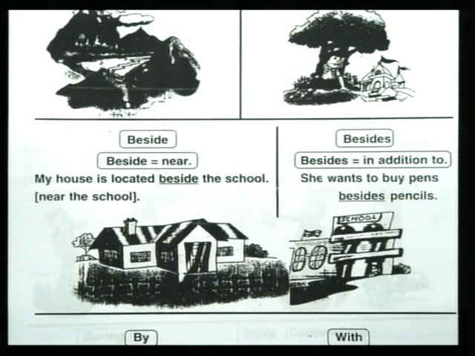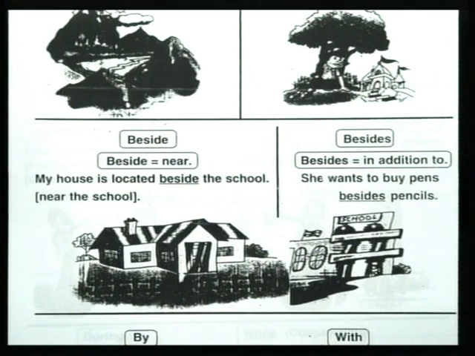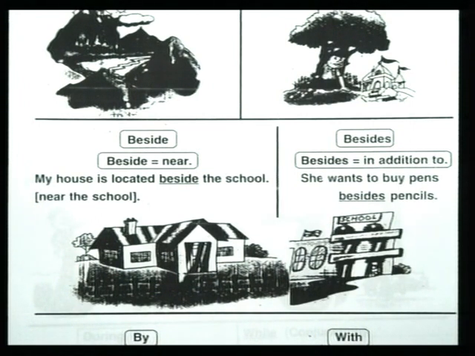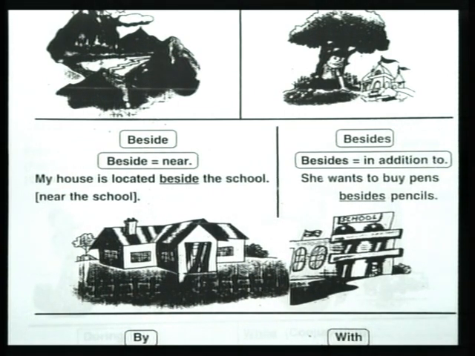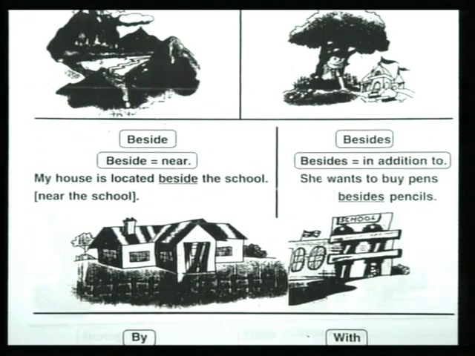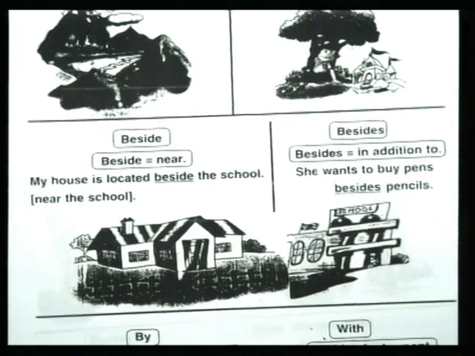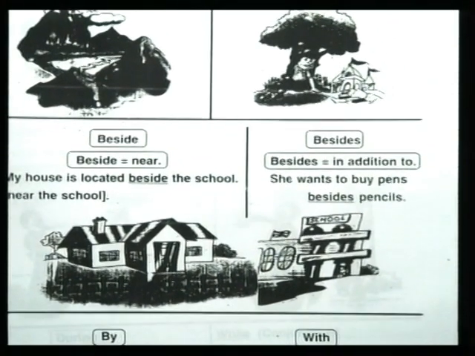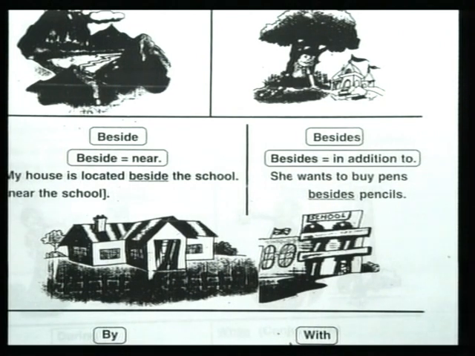My house is located beside the school, that is, near the school. Now I can say my institute is beside Diptisha's institute. And besides means in addition to. In addition to means extra. She wants to buy pens besides pencils.